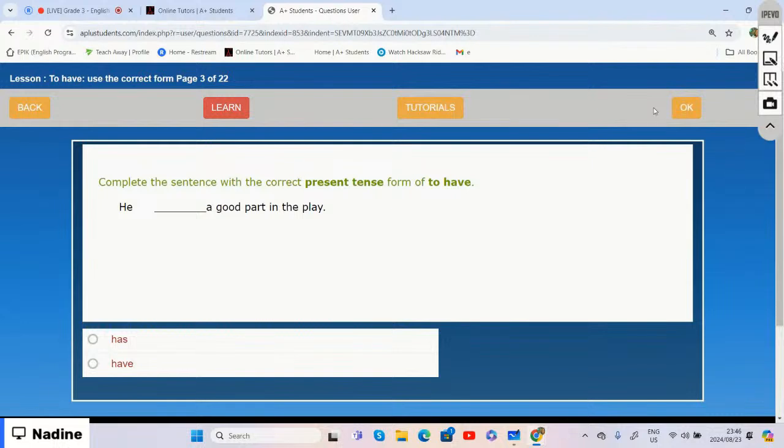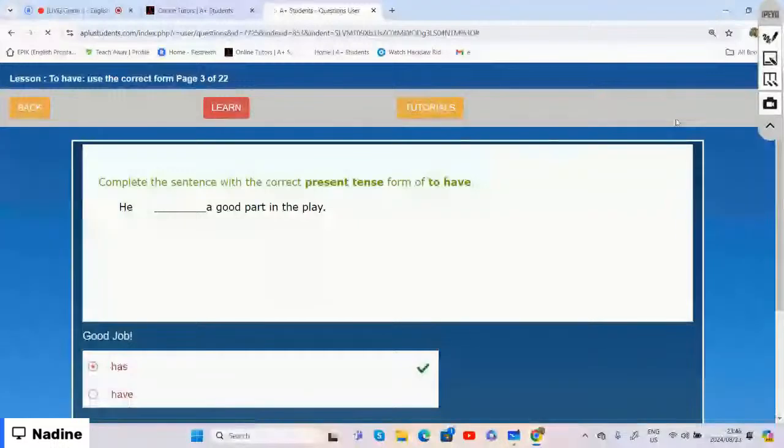Yes, this is the last one. And if we choose the correct one, then yes, we can say he has a good part in the play.